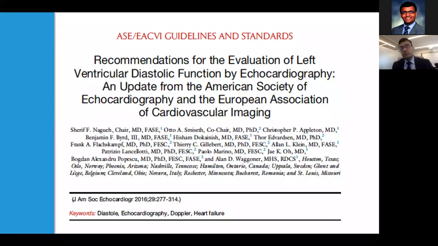In 2016, the American Society of Echo and ESCVI together came to create a new diastolic function guideline document. The primary goal of the 2016 guidelines was to develop an approach that would simplify and increase the utilization of echocardiographic variables for defining diastolic dysfunction in daily clinical practice, helping towards standardization and a step towards simplification.